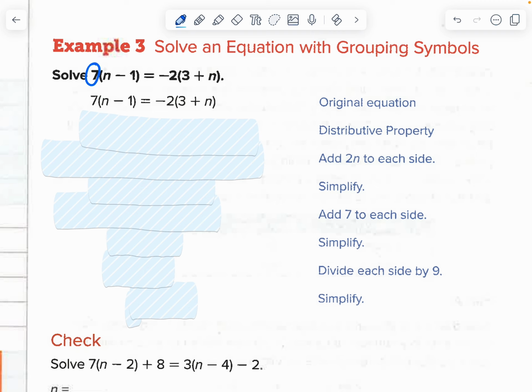This out here is being multiplied in here. This right here is being multiplied in here. So, the very first step I need to do is distribute. So when I distribute, 7 times n is 7n. 7 times -1 is -7. -2 times 3 is going to be, I didn't mean to do that.